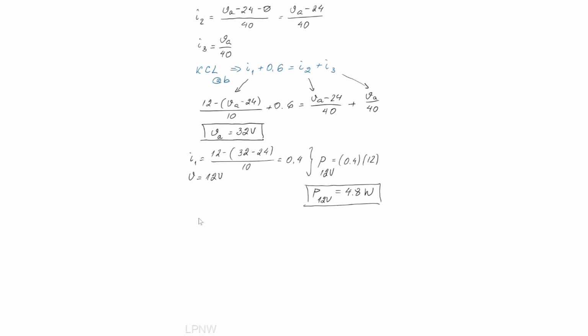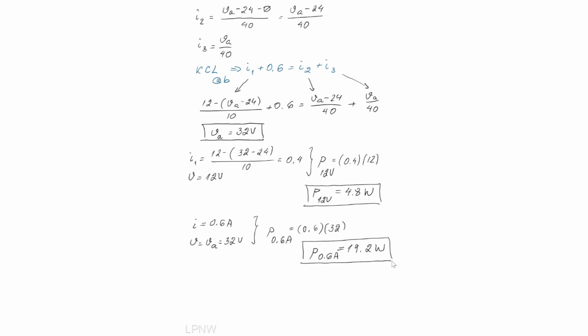So I can say that taking the current equals 0.6 amps and using as the voltage value VA, which we know is 32 volts, we can calculate the power for the 0.6 amp source, and it's going to be 0.6 times 32, which gives me the power for the 0.6 amp source: 19.2 watts.